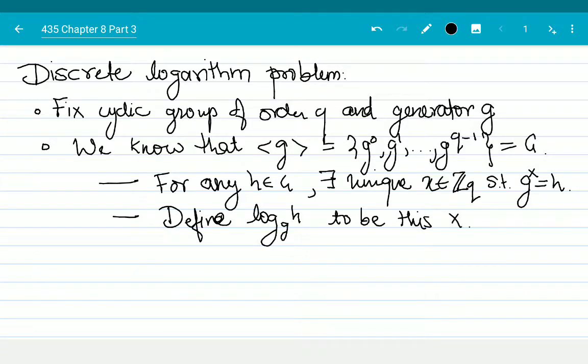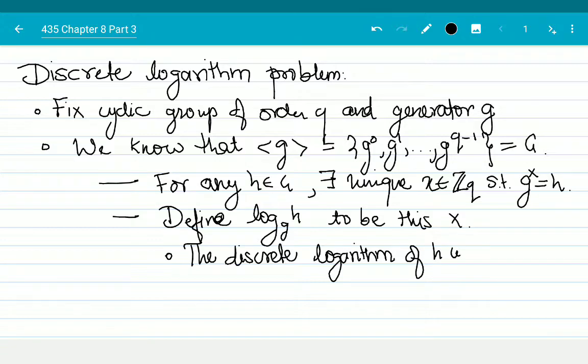This is the discrete logarithm problem in the group G. So this is called the discrete logarithm of h with respect to g in the group G.